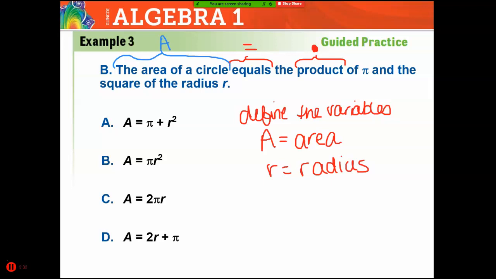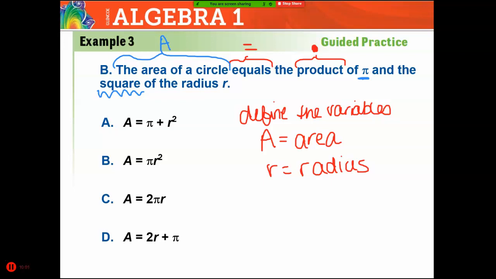So area of a circle, this all becomes letter A, equals the product of pi and the square. So what's it mean to square something? What are we doing to something if it's squared? Is it to the first power, the third power, the 100th power?